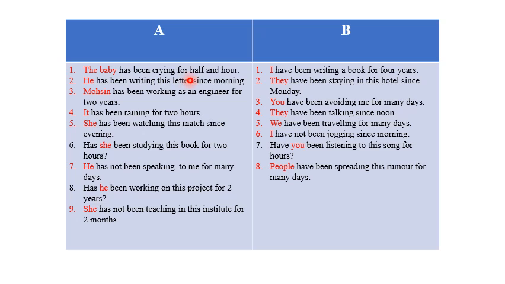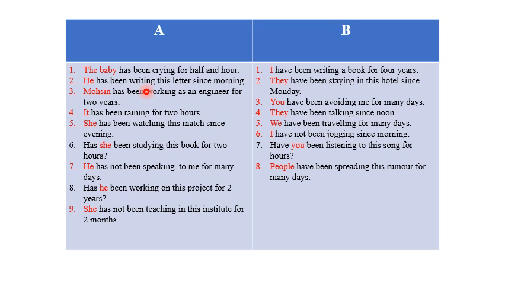And then we have the time part, and I told you that we will discuss it later. So the construction is subject plus has plus been plus first form of the verb plus ing plus the time part. He has been writing this letter since morning.